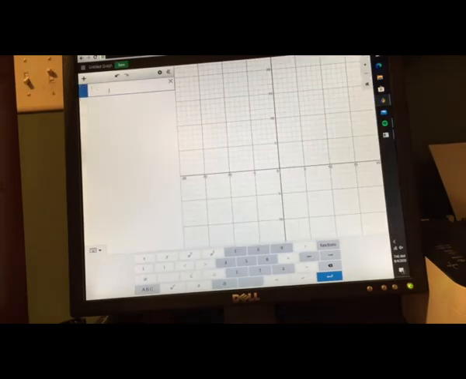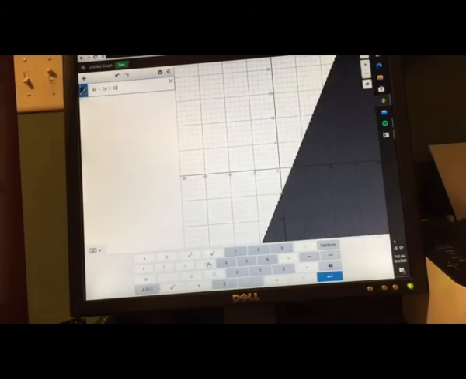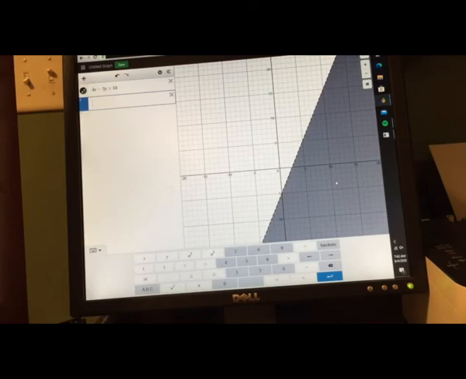Okay. For the third example, it was 4x minus 2y is greater than 10. And they've shaded that one kind of in a gray or a black color. I hit enter, and I'm going to put that absolute value function in.